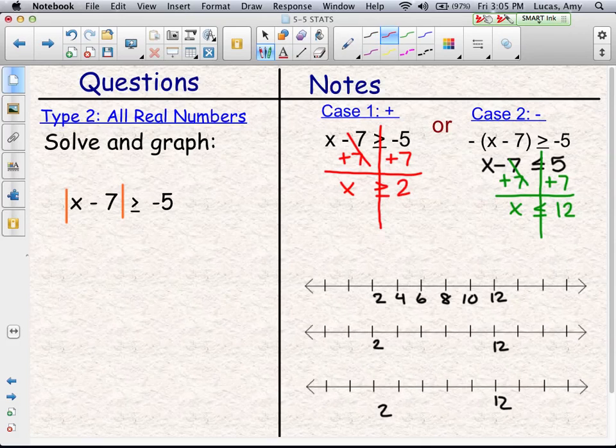Okay, the red ray starts with a closed circle on 2, and it goes to the right, greater than or equal to. The green ray would start on 12, and it's less than or equal to.